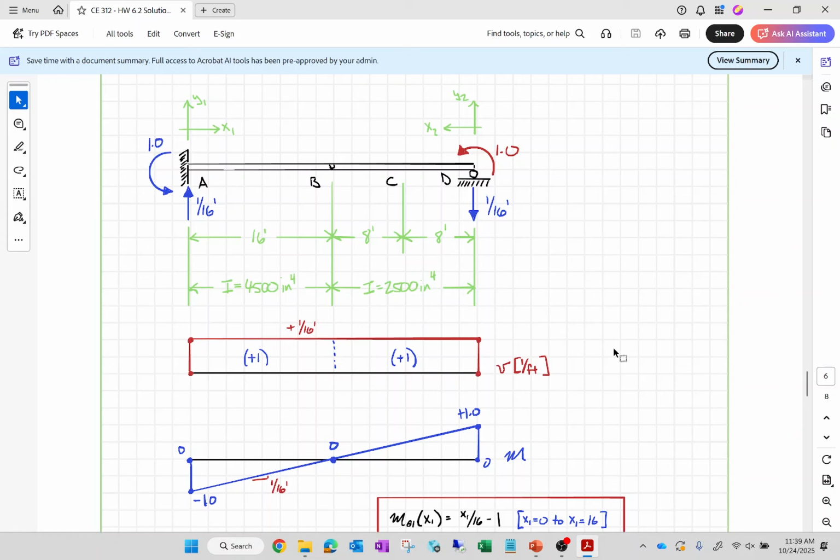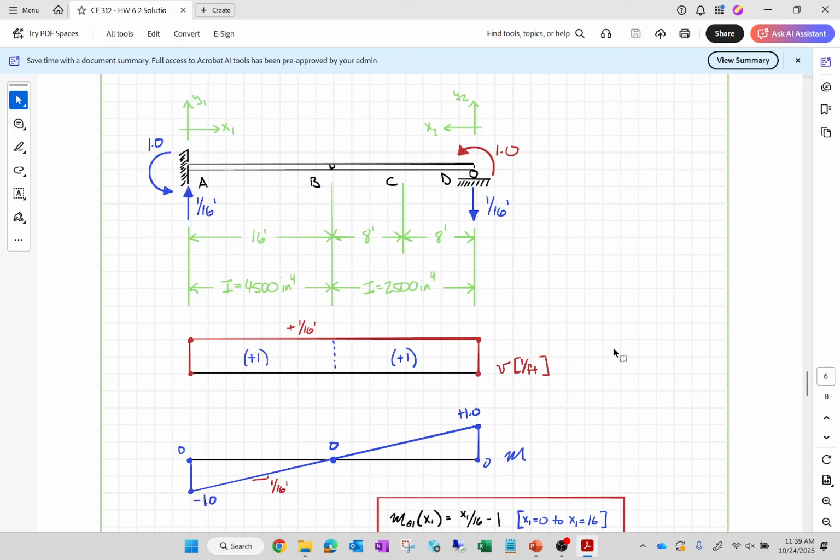So if I sum moments, I have a 1 going like that. I have to have something going the other way. Do you see what I mean? The 1 is rotating like this.